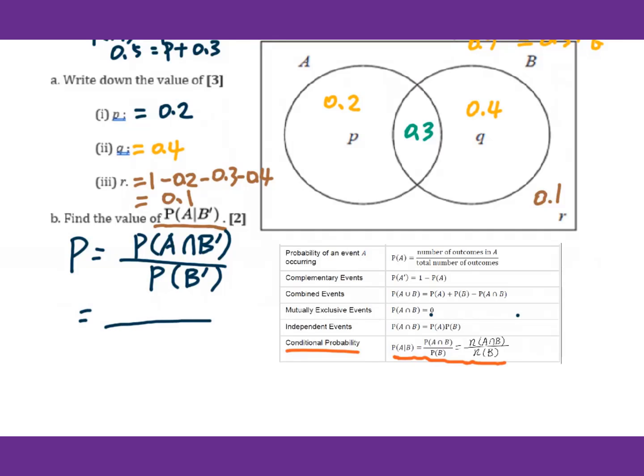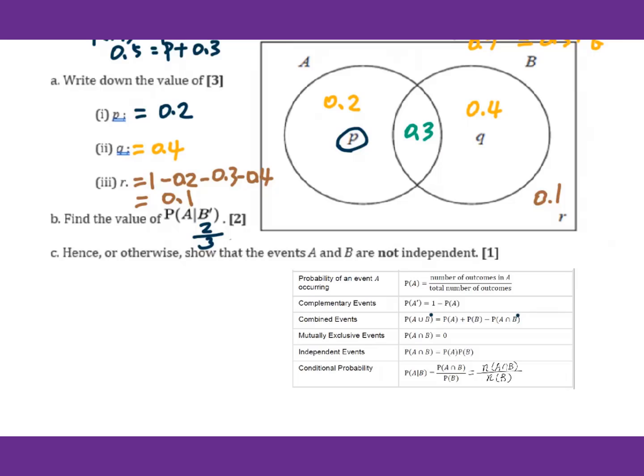Probability of A intersect B prime will be this P, therefore we have 0.2. B prime means not B, so it will be 0.2 plus 0.1. So we have 2 over 3.